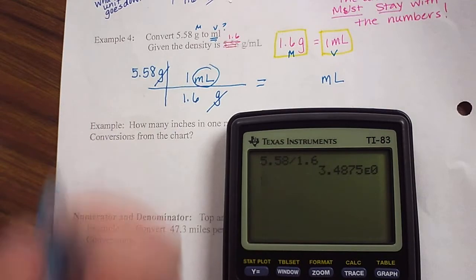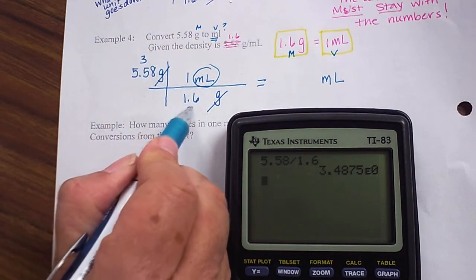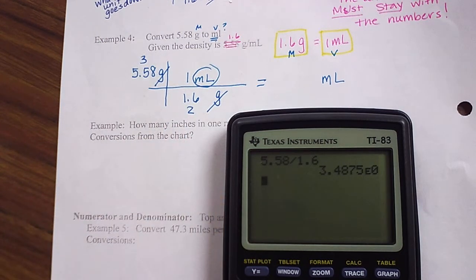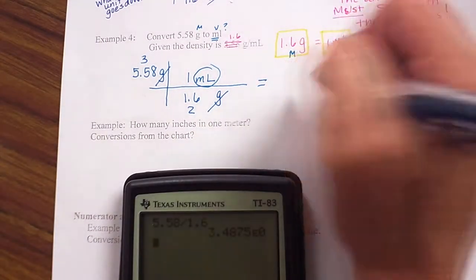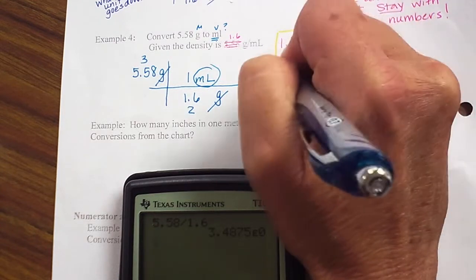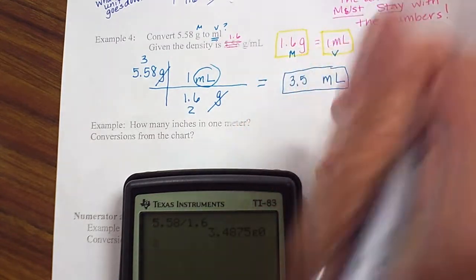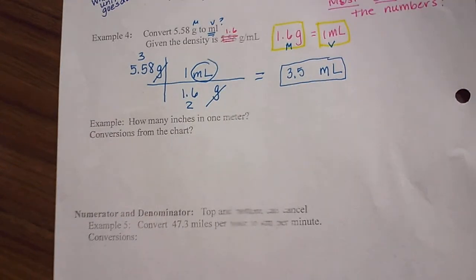And the reason is because although the 5.58 is 3, the 1.6 is only 2, and somebody did measure that many grams when they measured out 1 milliliter. So I can only have 2 digits, so the answer is 3.5. So 5.58 grams of that substance is 3.5 milliliters.